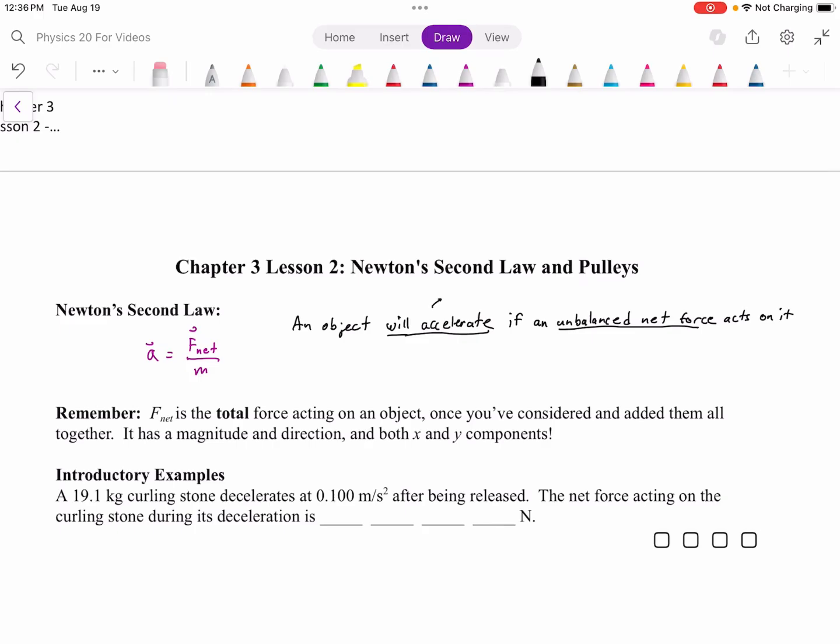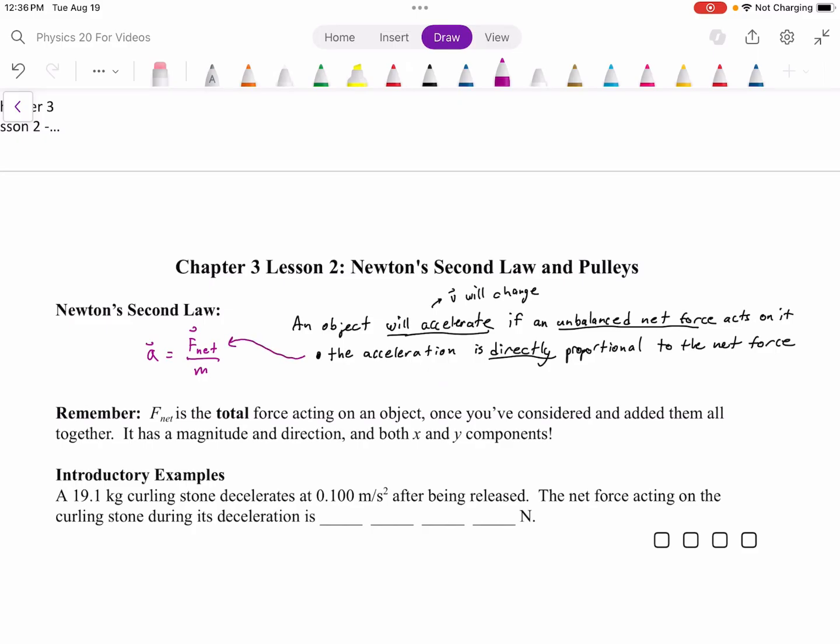So it will accelerate. Its velocity will change, okay? And more than that, it also tells us how the acceleration will depend on two things, right? The net force, so how hard it's actually being pushed overall, and the equation shows us that.